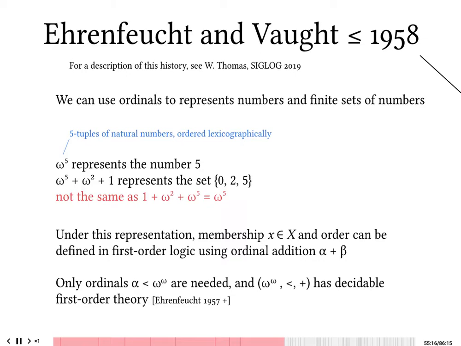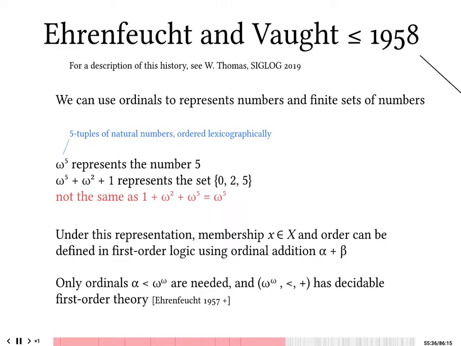And you only need relatively small ordinals, ordinals which are smaller than omega to the power of omega, which is roughly the ordinals that I described here. So, ordinal addition applied to finite numbers, finite powers of omega, and their ordinal additions.